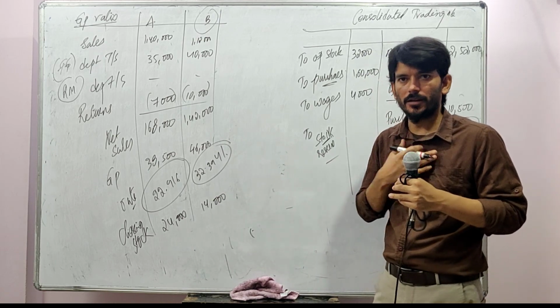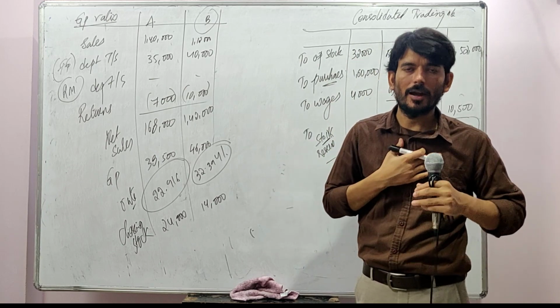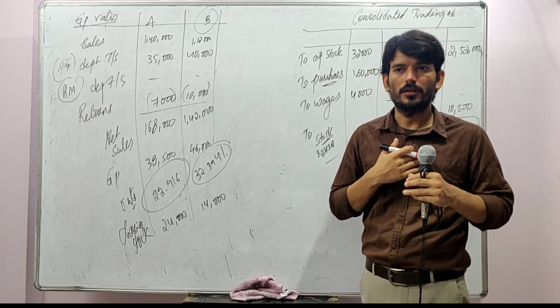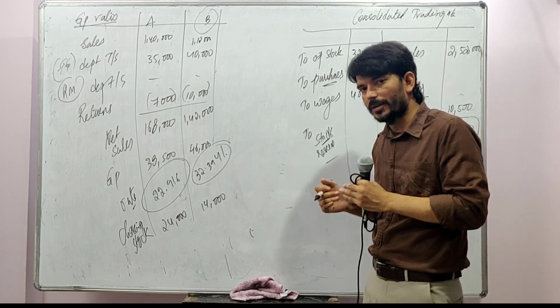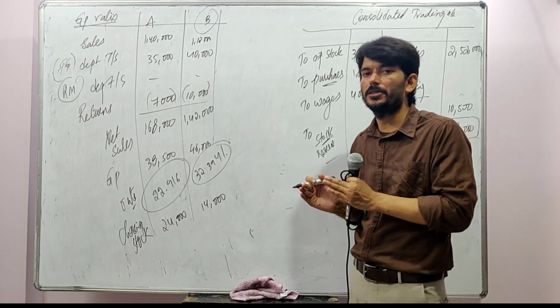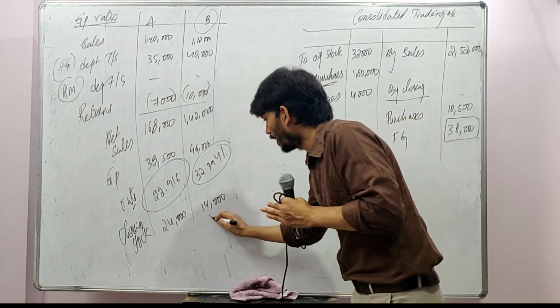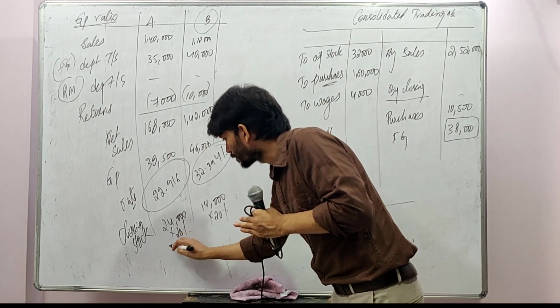See, I am A, you are B. Can I say whatever is your closing stock, all I have given? No. I have given only 20% of it. The same way, whatever is my closing stock, you cannot claim that all is yours. Only 20% is yours, which means I multiply here with the 20%, here with the 20%.